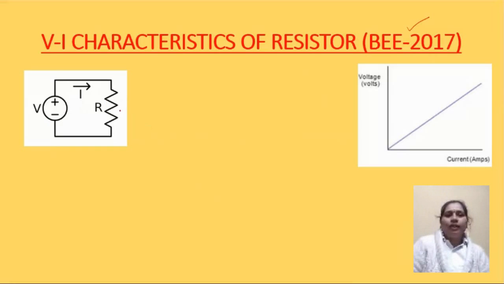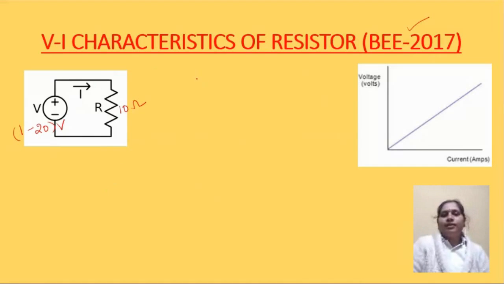Let me take the resistor value as 10 ohms for simple calculations, and vary the voltage from 1 to 20 volts with a step of 2.